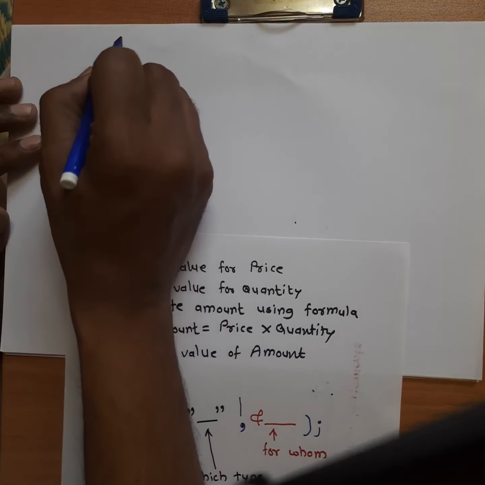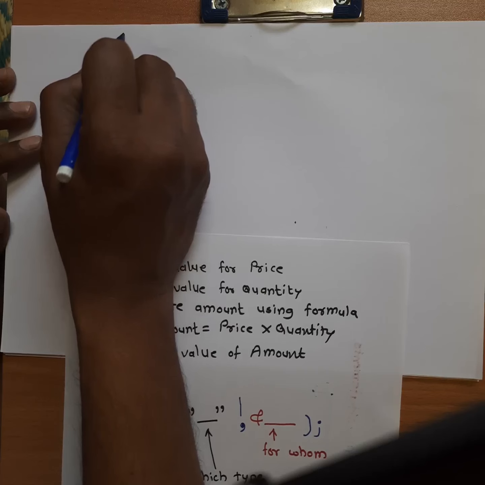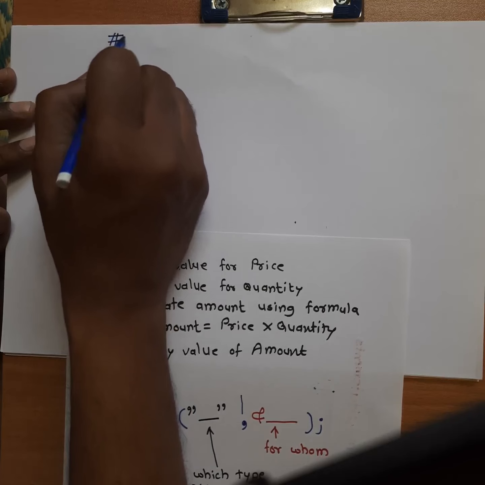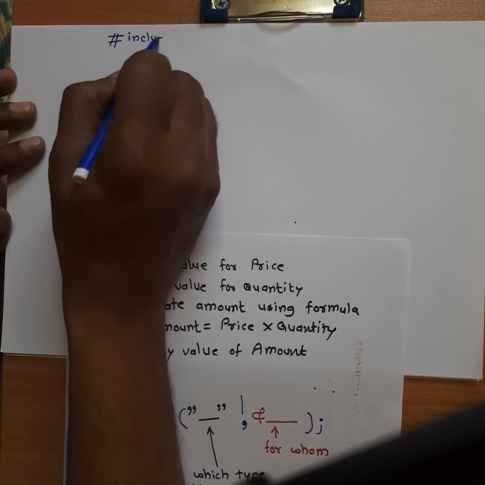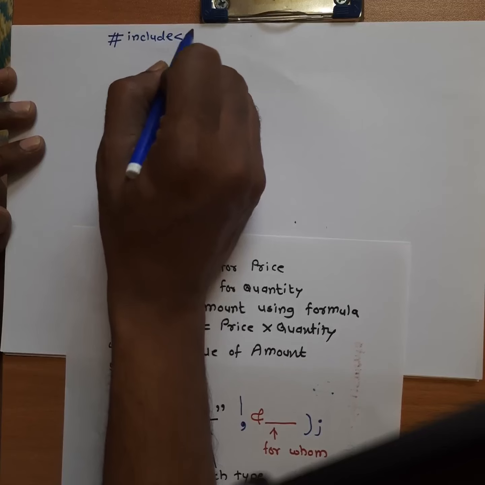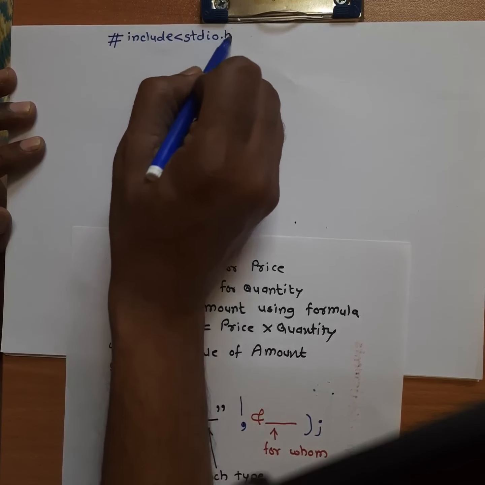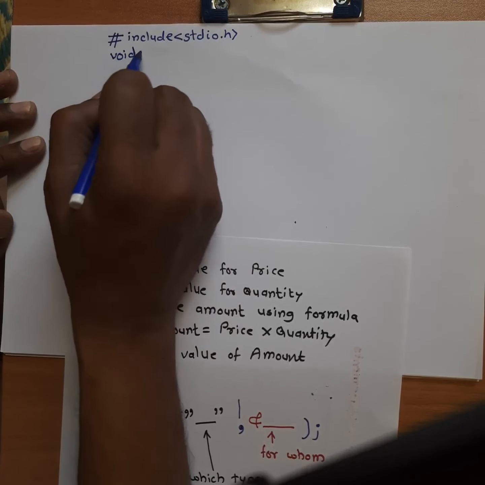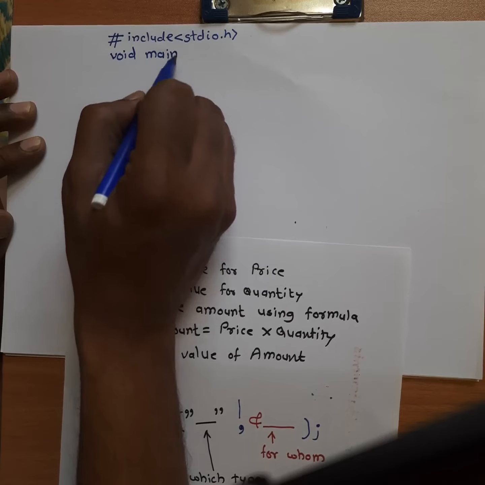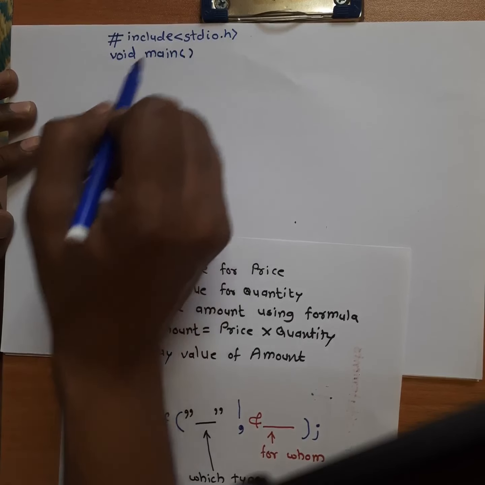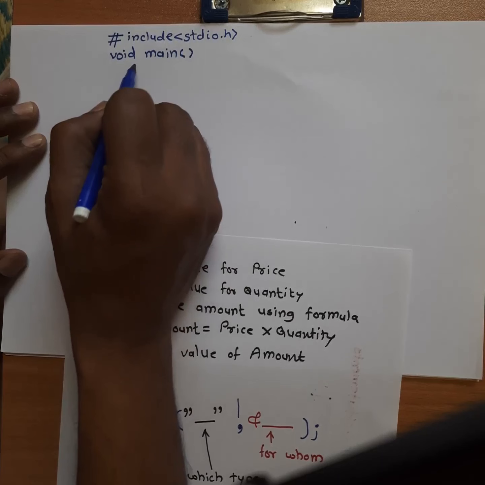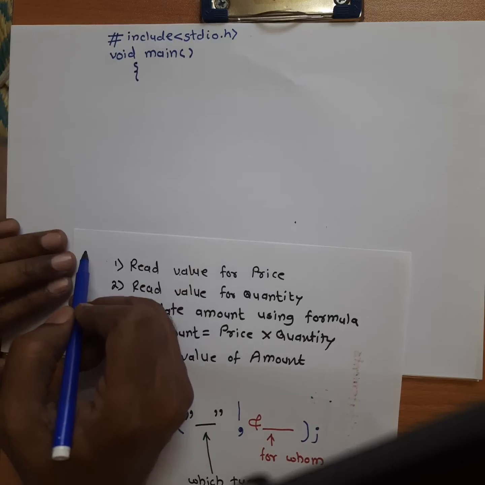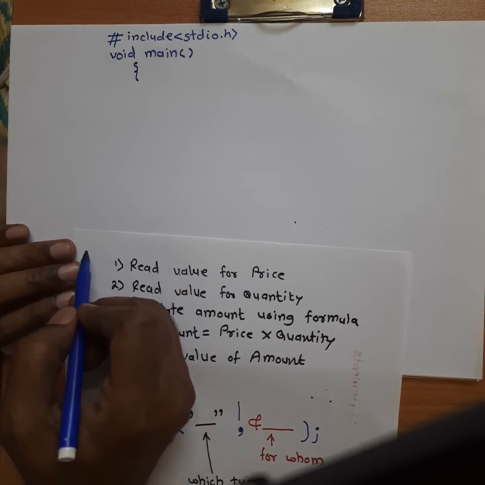A C program, as we have discussed in the previous video, always starts with #include, less than sign, stdio.h, then void main, open round bracket, close round bracket, then open curly bracket. Whenever there is an open curly bracket, we give some blank space. Generally try to give 3 blank spaces and then the curly bracket.